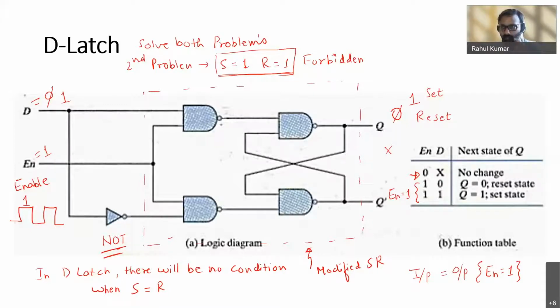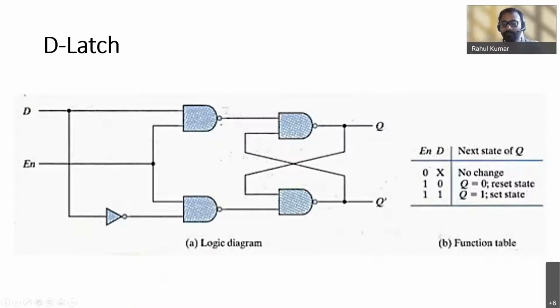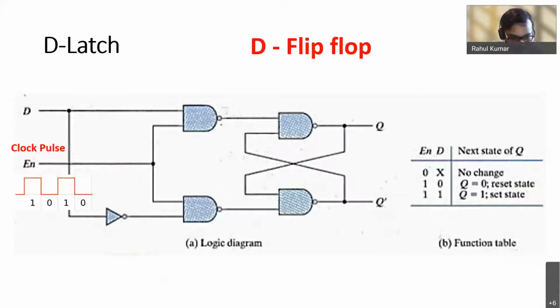Okay, so I have a better picture of this. So this D latch can be used as a flip-flop if you connect the enable pin with a clock pulse, right? So whenever your clock pulse is high or 1, your output will change according to your input.